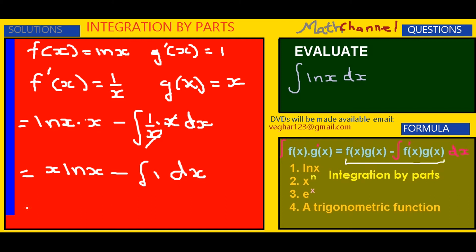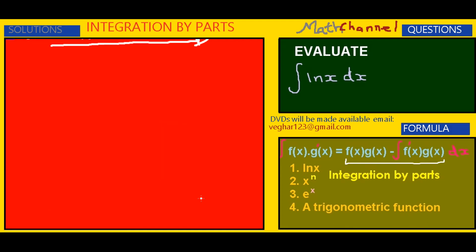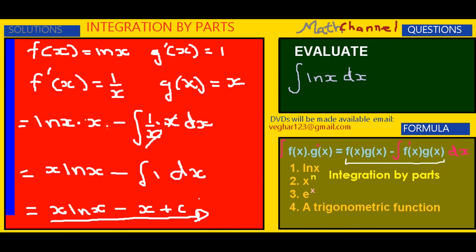Then integrating 1, what is the integral of 1? So this is the integral of ln.